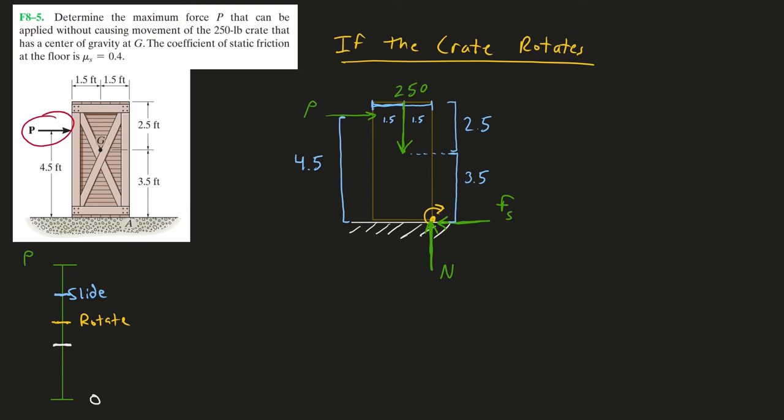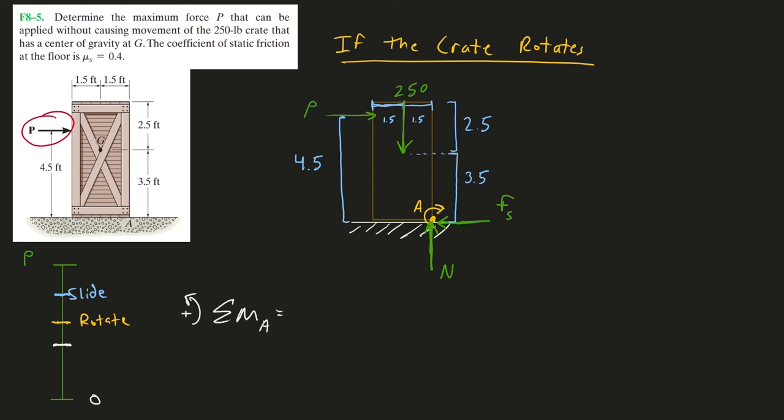I'm going to sum my moments about that tipping point, which is point A in the picture. Super convenient for us because it cancels out these two forces. So this actually is a really easy equation. As always, I'll assume that counterclockwise rotations are positive. And what do I got?